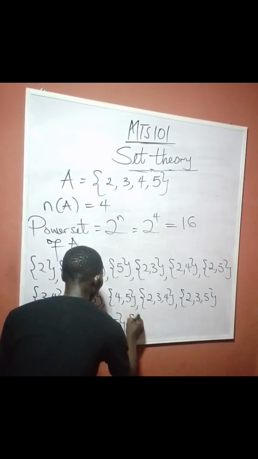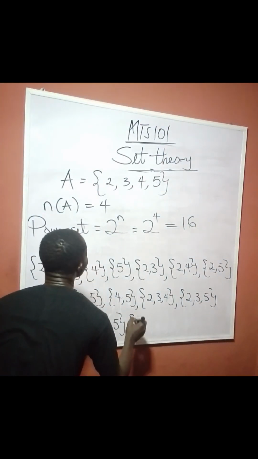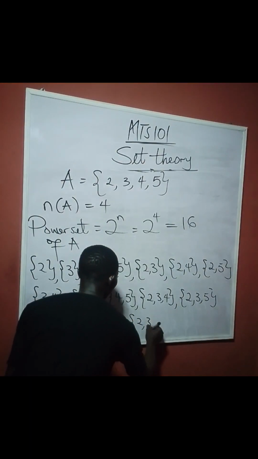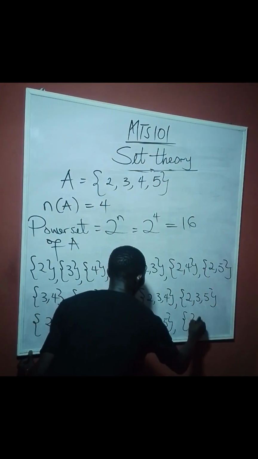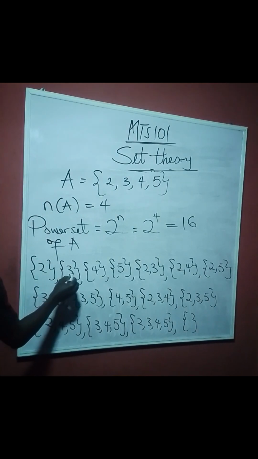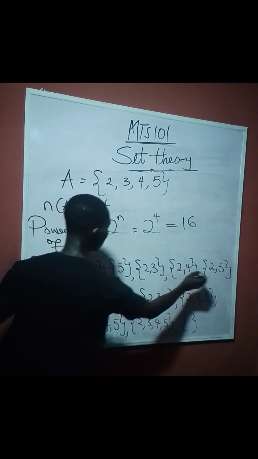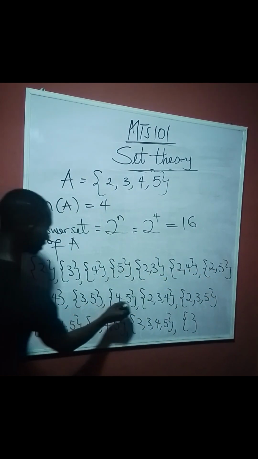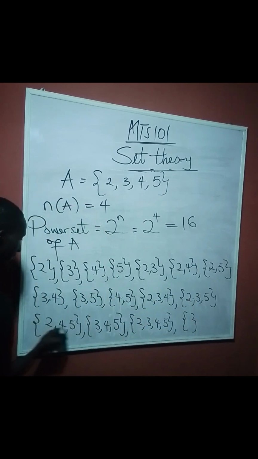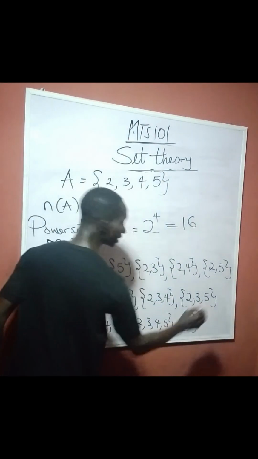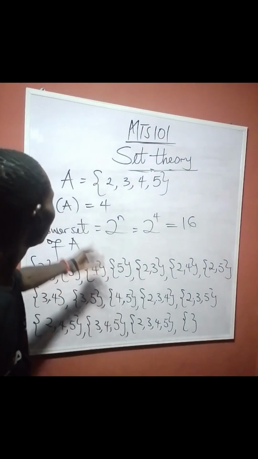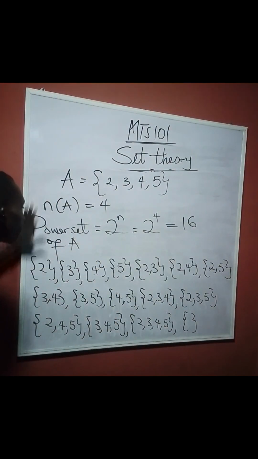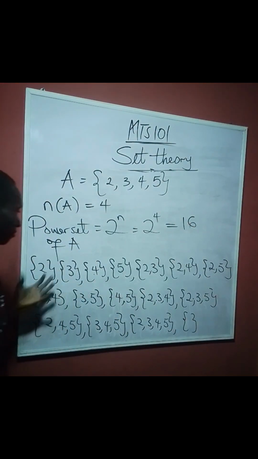Then 2, 3, 4, 5. And the last one will be an empty set. So let's count: 1, 2, 3, 4, 5, 6, 7, 8, 9, 10, 11, 12, 13, 14, 15, 16. So this is the power set of A.